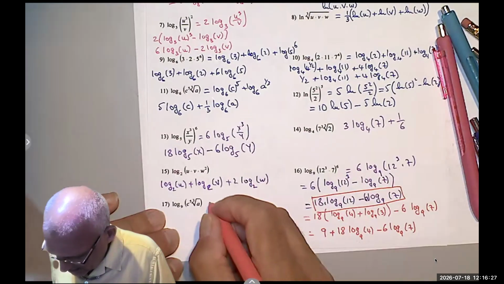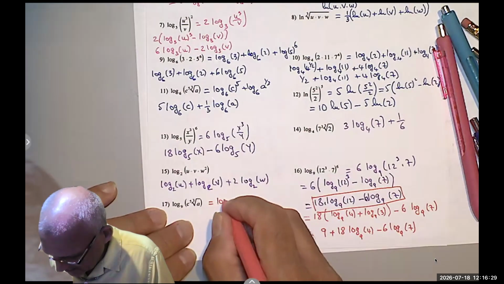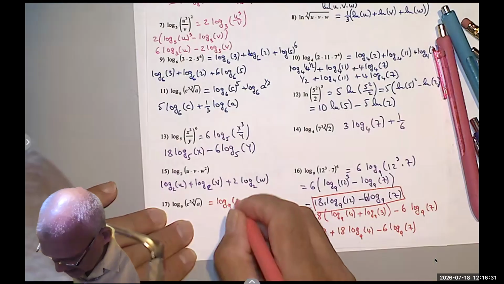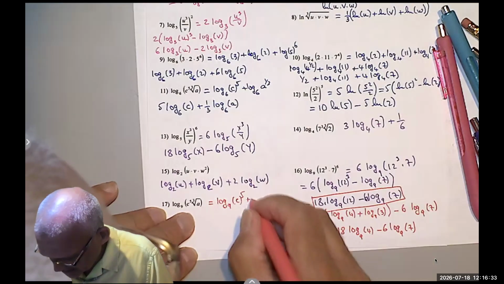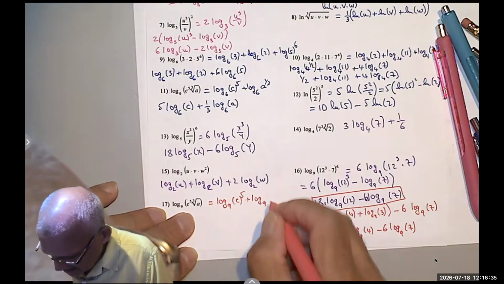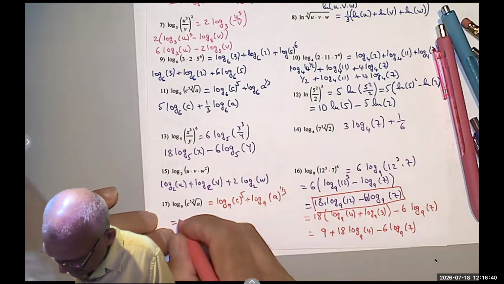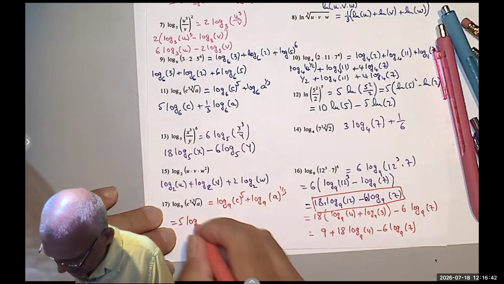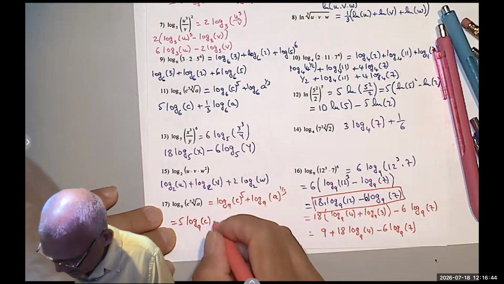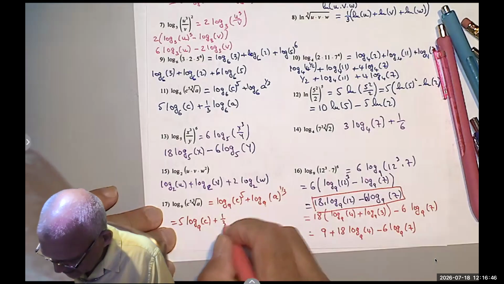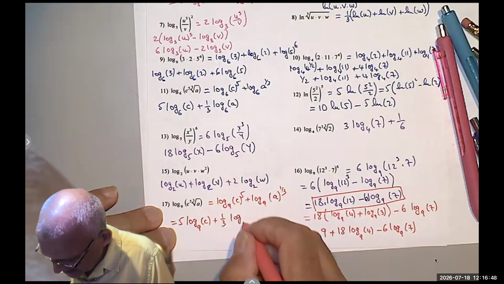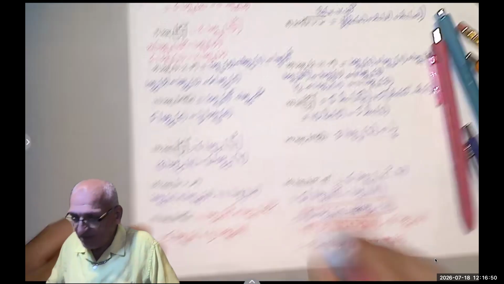This one is log to the base 9 of c to the fifth plus log to the base 9 of a to the 1/3. So it's 5 log to the base 9 of c plus 1/3 log to the base 9 of a, and we are done.